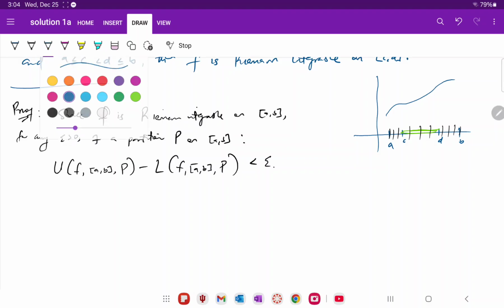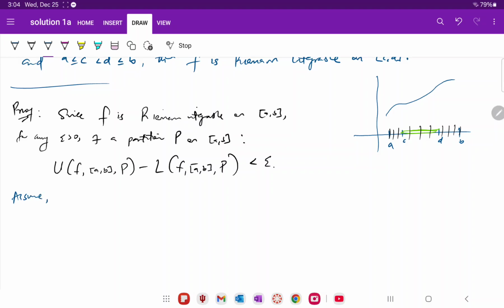So assume that the partition P of a, b includes c, d. So that means that our partition is fine. So if the partition P includes c, d, that is fine.